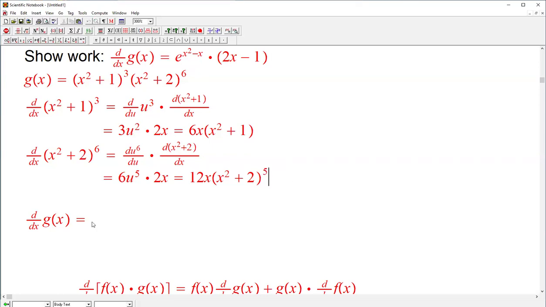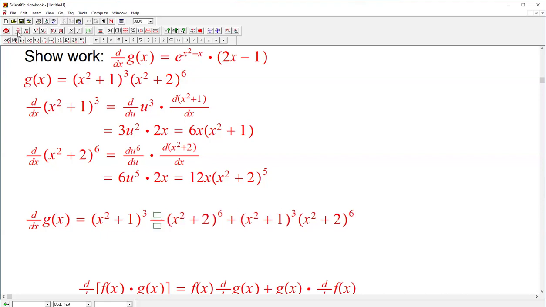So by this time, we're going to apply the product rule. We have two functions. I'm going to write it this way because I can do copy and paste and you cannot.